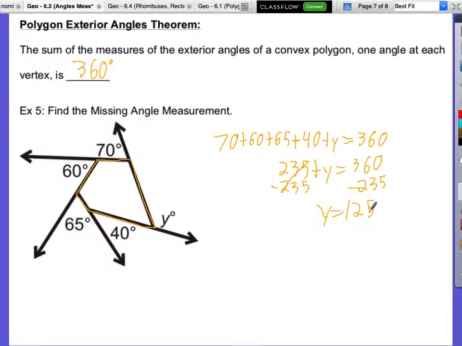And y ends up being 125. Questions on number 5? Where did we get 235 back? We combined all of these. All 5 of the angles equal 360, but these 4 that we were given add up to 235. So that plus y is 360. Does that make sense, Randall?